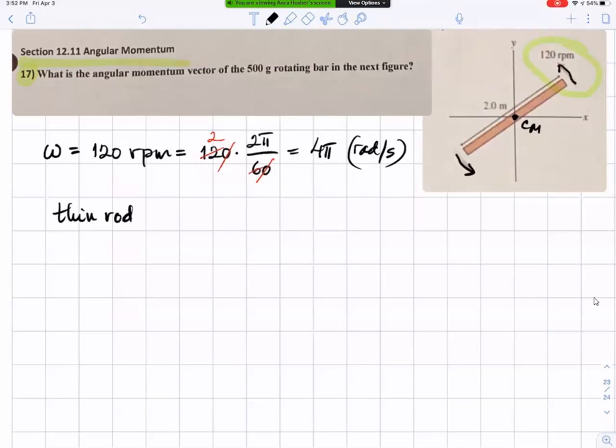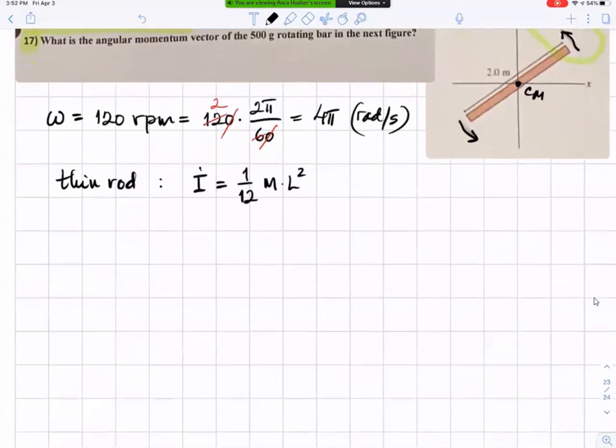And the moment of inertia for a thin rod rotating about the center is 1/12 the mass times L squared. We have the L, which is 2 meters. So out of this, we can find the angular momentum. So this was the moment of inertia.